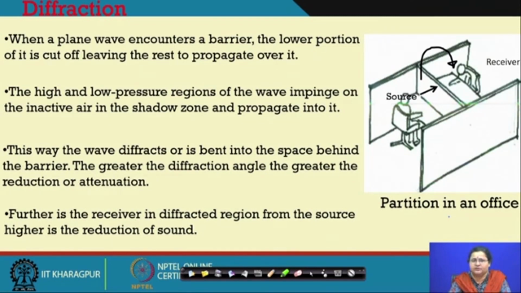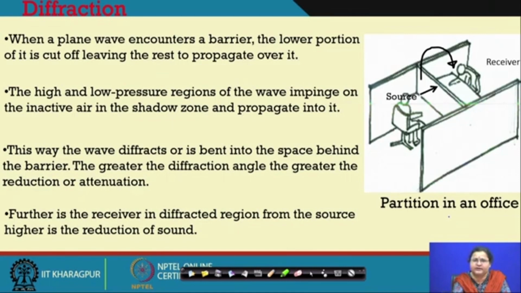Some sound is directly, he is working over a telephone, maybe, the sound is being generated and it is hitting this surface and coming back, but some of the sound is actually moving to the receiver on the other side. So, this is the phenomenon of diffraction.